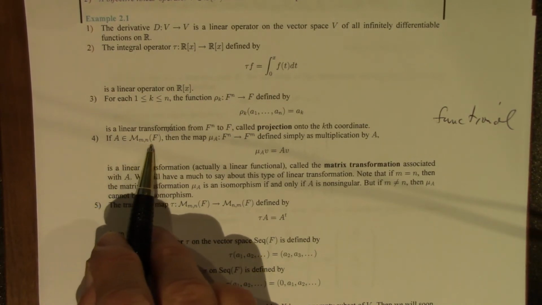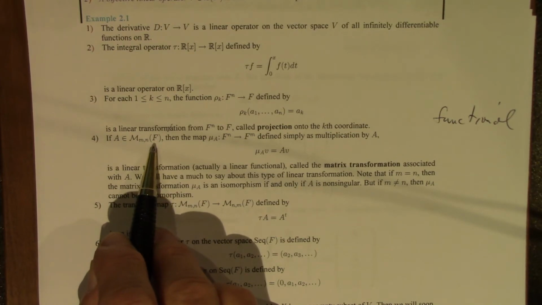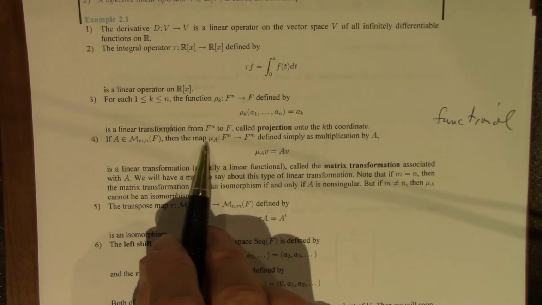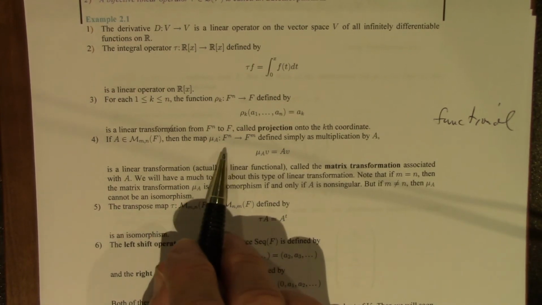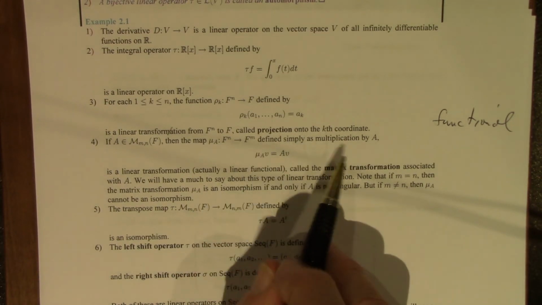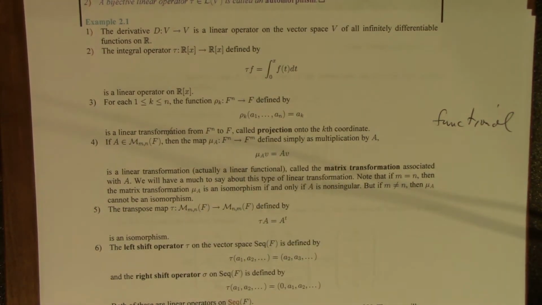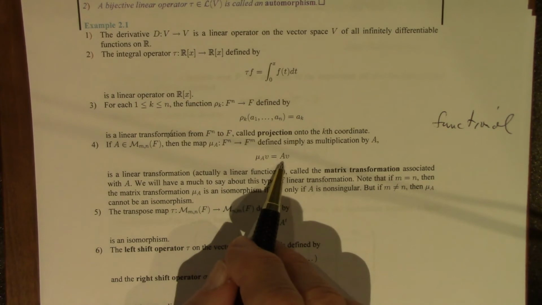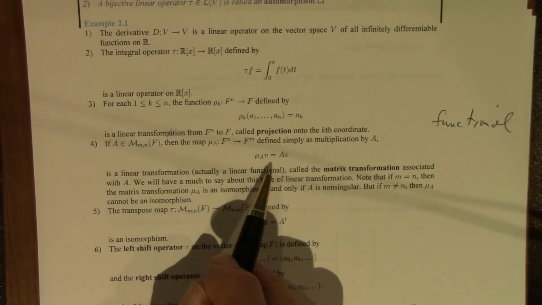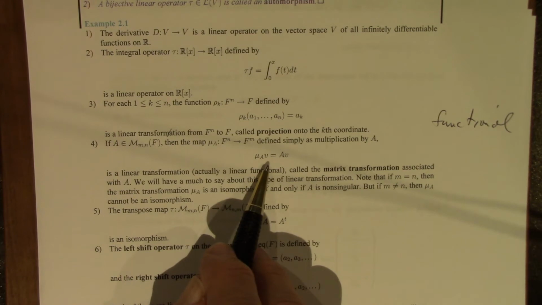If A is an m by n matrix over F, then the map mu sub A, Greek letter mu, mapping Fn to Fm, defined simply as multiplication by the matrix, is linear. This is a linear functional.